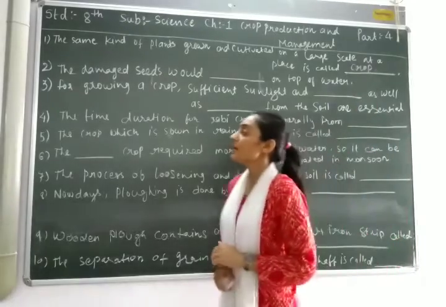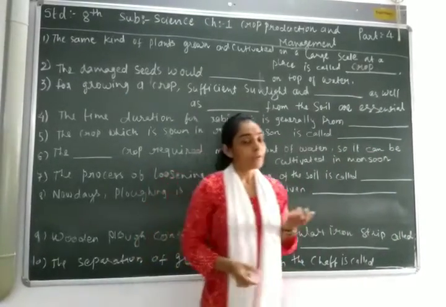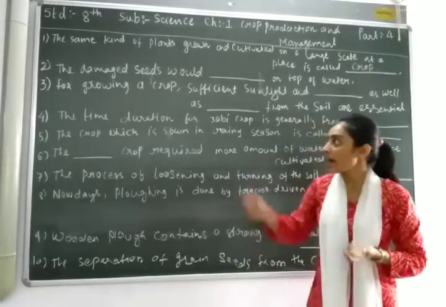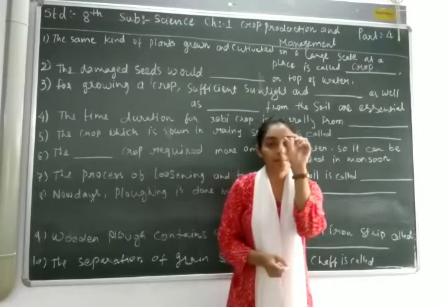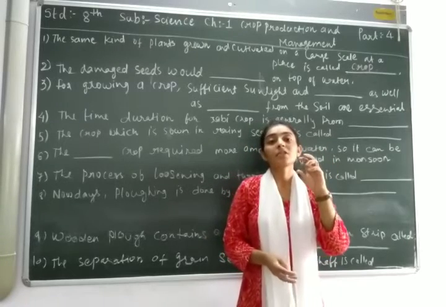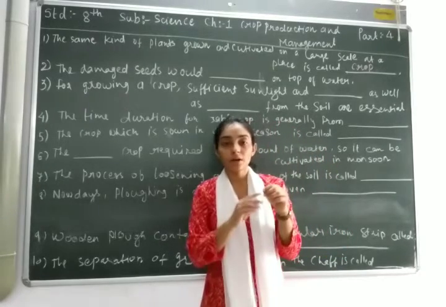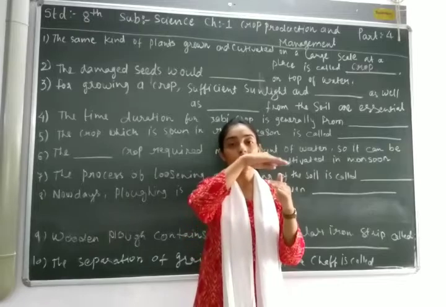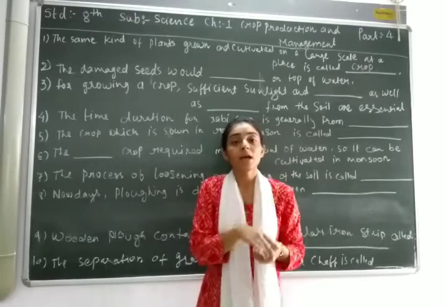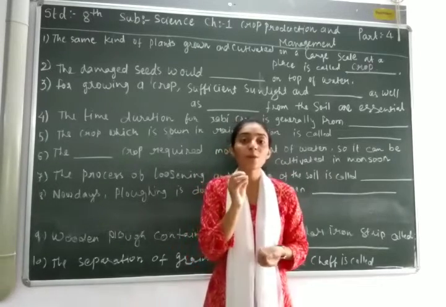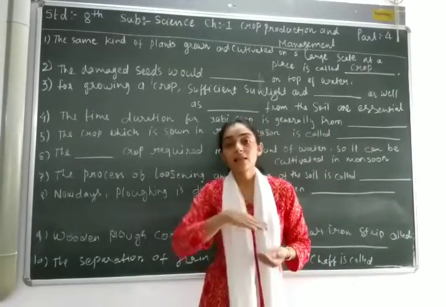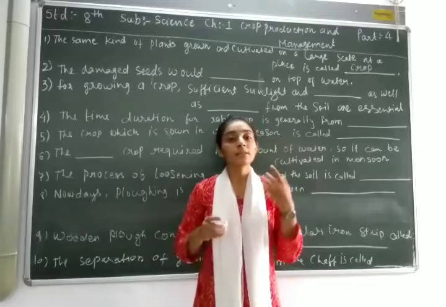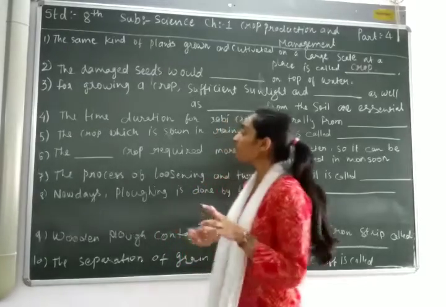Now the second one is, damaged seeds put on the top of the water. We learned one activity, in which we saw that damaged seeds float on the water, and heavier seeds, which are good quality seeds, are seen at the bottom of the water.